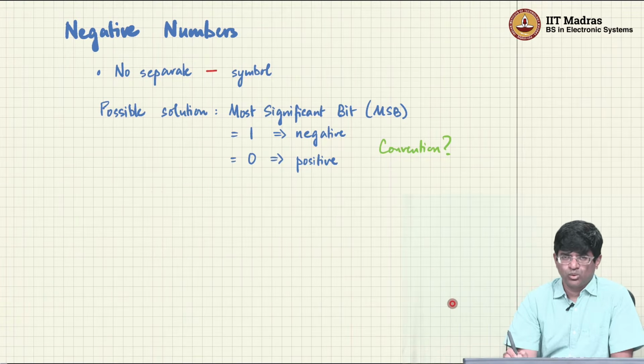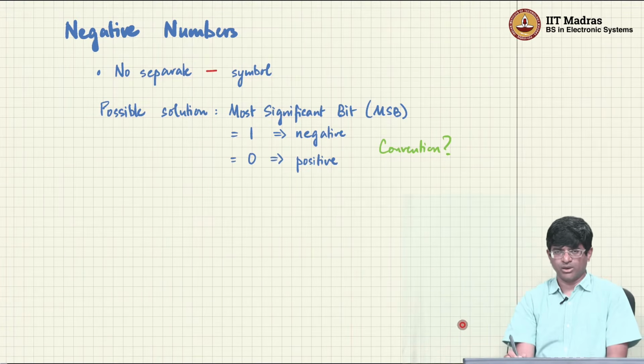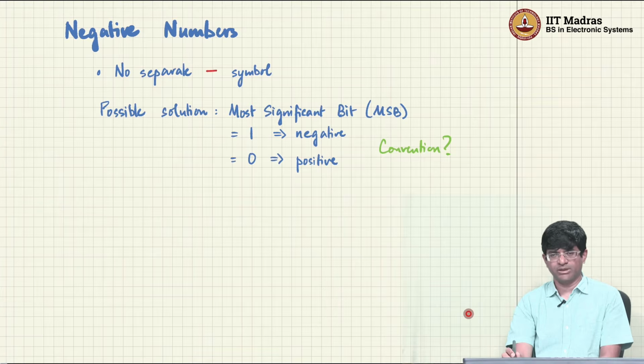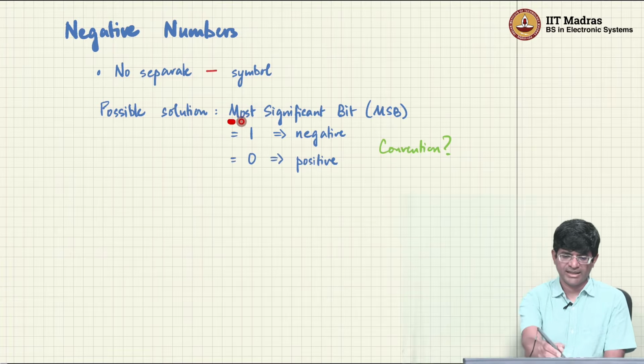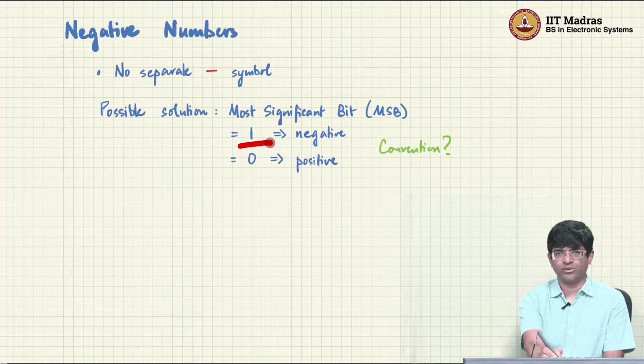So what do I do? We have already come to the conclusion that maybe I'm going to use 8 bits or 16 bits, a fixed number of bits to represent a number. Now I'm proposing another convention: let's look at the most significant bit, and if that value is equal to 1, I will say that this number is negative, and if that value is 0, I will say that the number is positive.